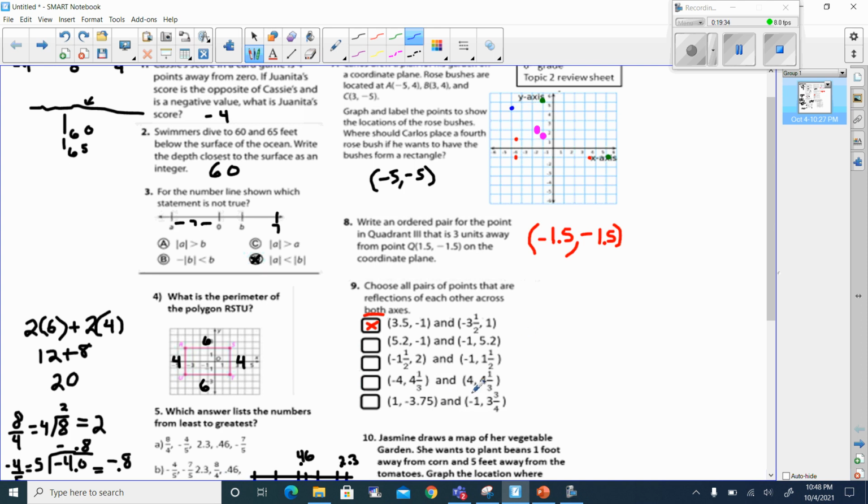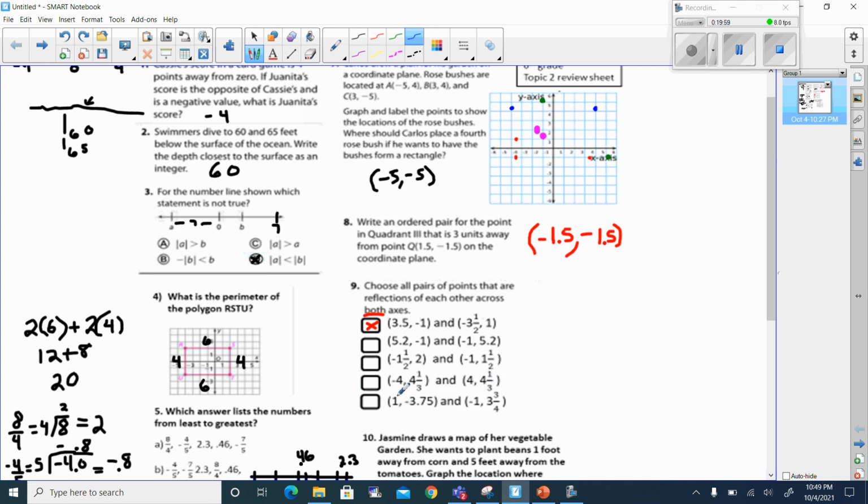All right, and then this would be 4 and 4 1/3. So 4 and 4 1/3 would be about right here. And though it does cross over my y-axis, it does not cross both axes, because if it did both, it would be somewhere over here. So that one is wrong.